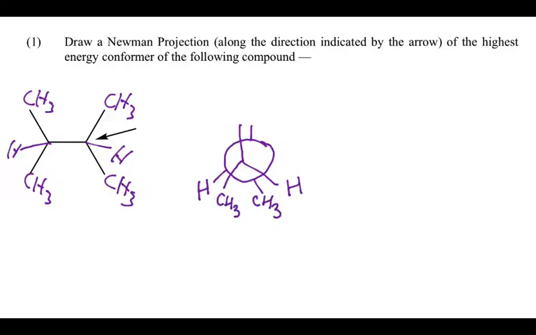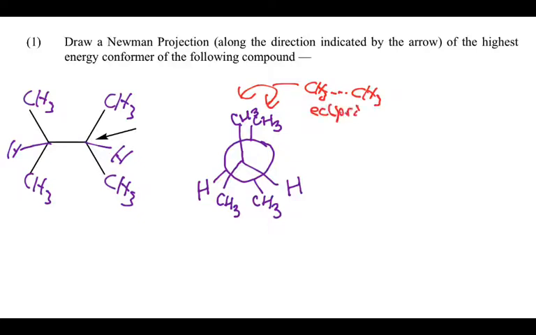Now the question for everybody: is this the highest energy conformation? No, because you have a lot of eclipsing interactions now, right? So what type of interactions do we have? Here we have CH3 eclipsing.